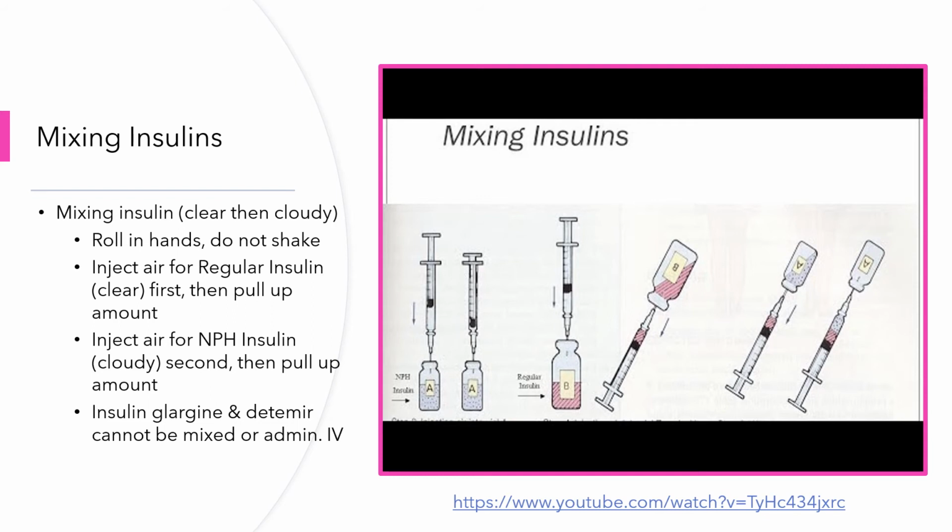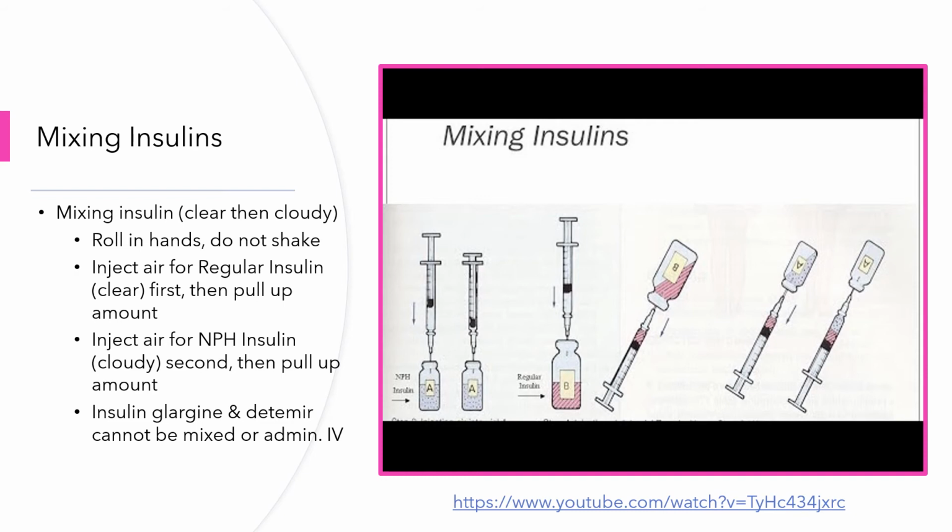Now we're going to pull up the air for the amount that we're using for the regular. Inject the air into the regular vial and then pull your regular back. Now you're going to pull your air for your cloudy amount, like NPH, your longer acting medication. Inject the air into that vial and then pull up that amount.